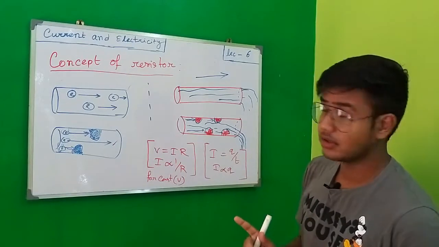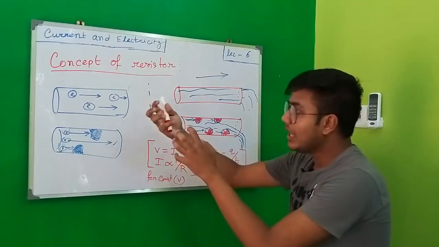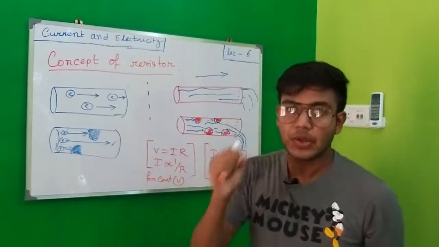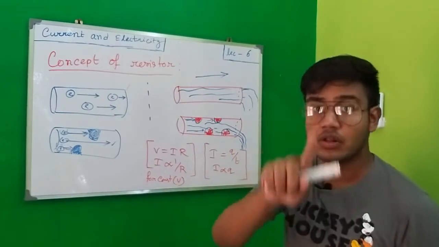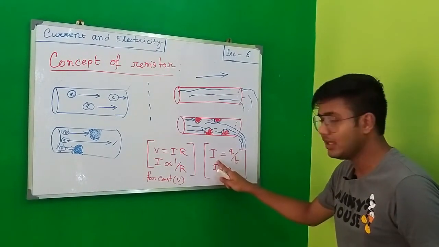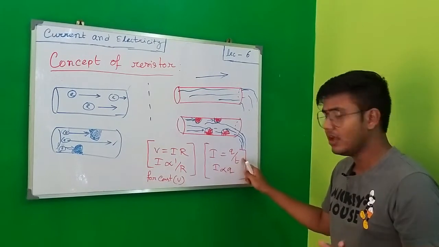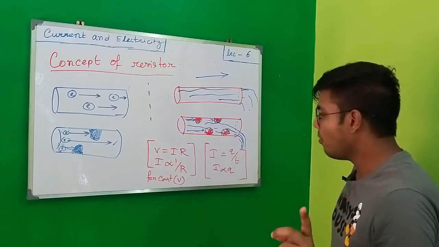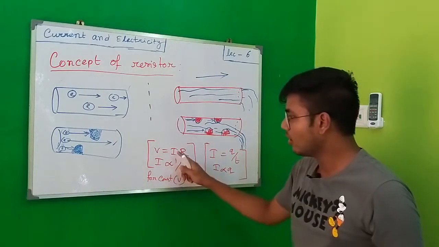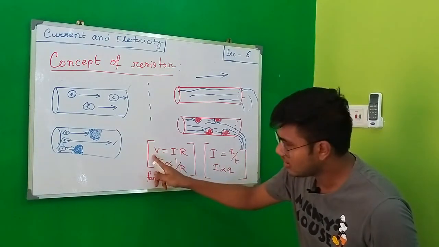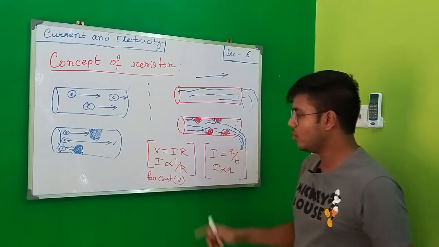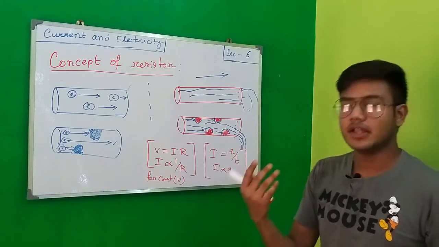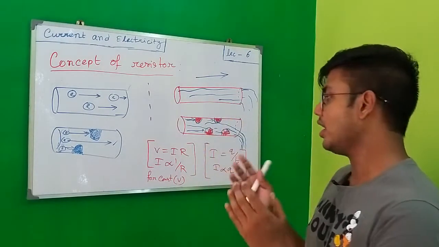Now think about it. Whenever the flow of electrons is decreasing due to these impurities, the current is also decreasing. As we know, current I equals charge by time, so it totally depends upon the charge. Now, from Ohm's law, we know that V equals IR. If the potential difference V is constant, then we can say R is inversely proportional to I. The resistance is inversely proportional to the current.